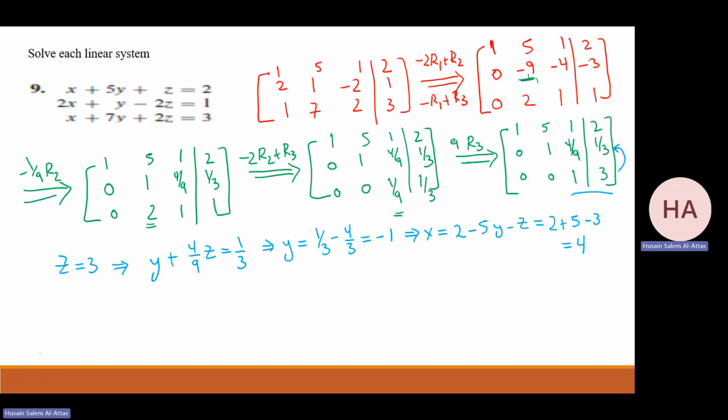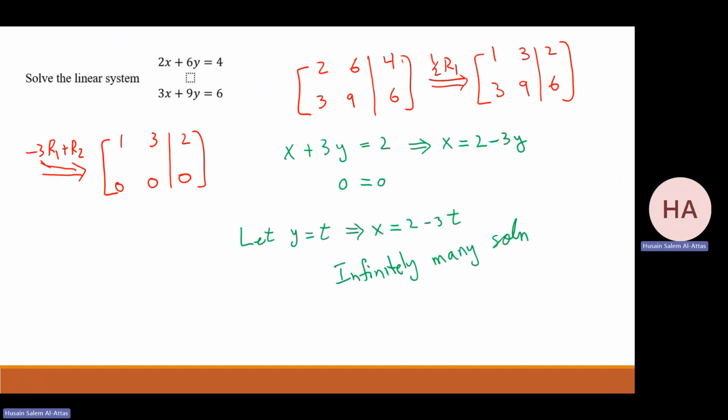So I have the answer: z equal 3, x equal 4, y equal minus 1, z equal 3. That was my answer.